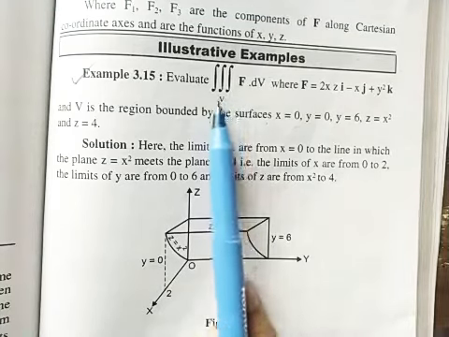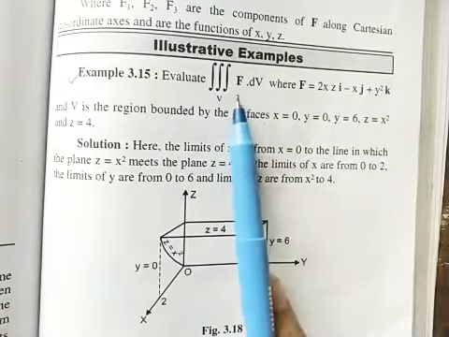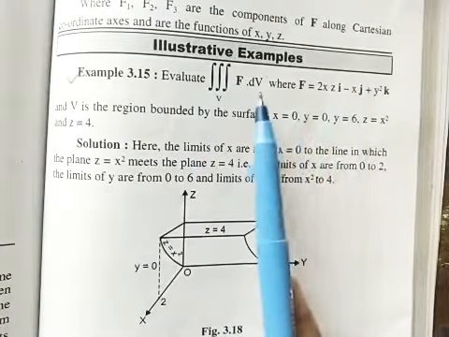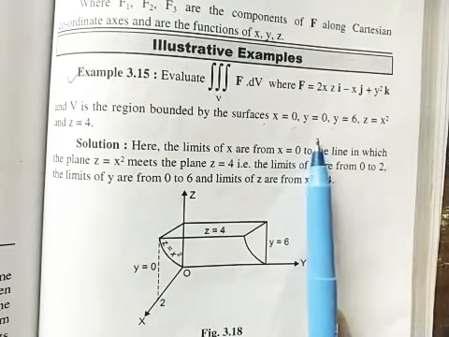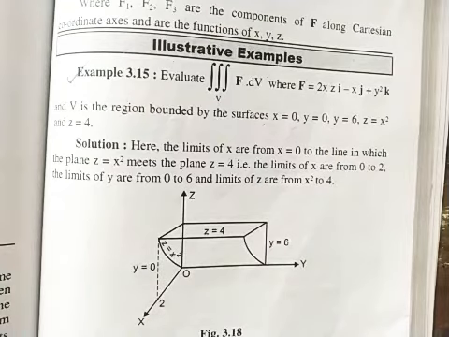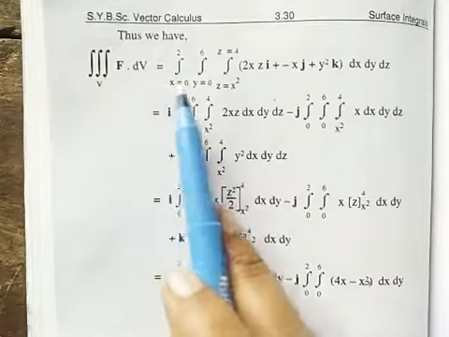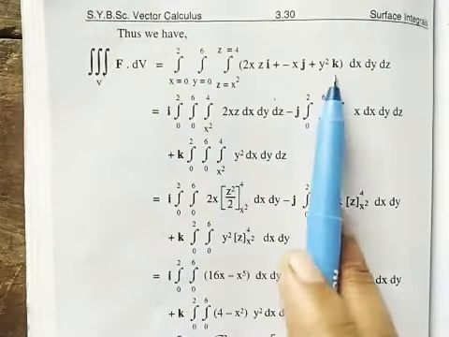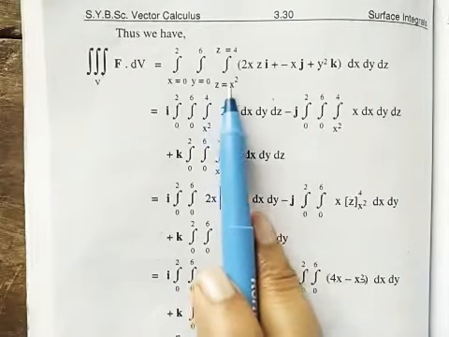So let us substitute all these limits in this definition. Triple integral F dot dV, we will substitute this value of capital F, dx dy dz. X varies from 0 to 2, y varies from 0 to 6, and z varies from x square to 4. We integrate with respect to z first.